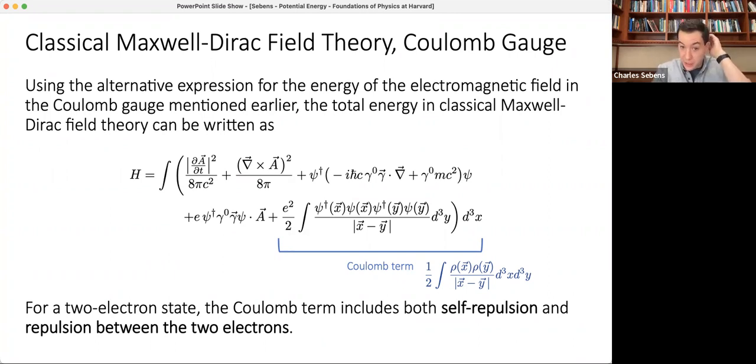There's a Coulomb term here, the 1/2 rho over the distance between the 2 points. This is the term that would include the energy of self-repulsion, but also the energy of repulsion between different electrons. For a 2-electron state, there doesn't seem to be any clean way to separate out the energy of self-repulsion versus the energy of repulsion between the 2 electrons. This Coulomb term is going to include both contributions to the total energy.